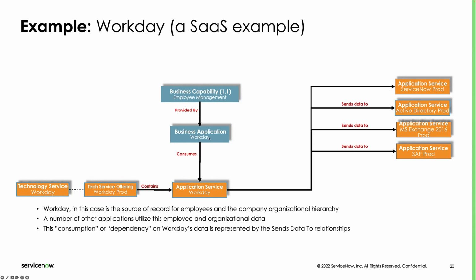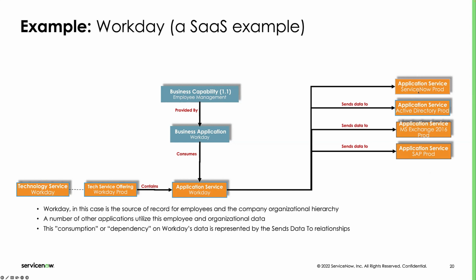We have the business application Workday, and then we have a production deployment. Notice that it has no infrastructure under it. It does have a technical service and technical service offering. Those are for another day, discussion of CSDM. Basically, think of this as the teams that own and provide Workday to the organization so it can be used.